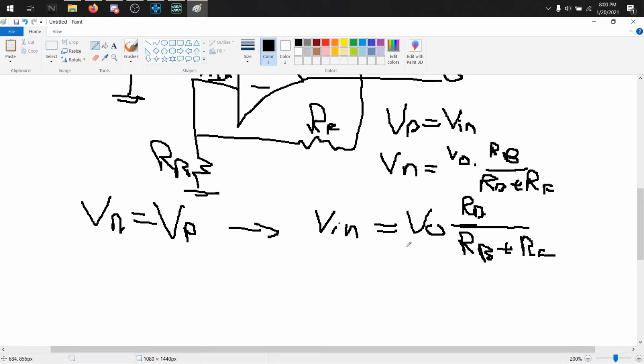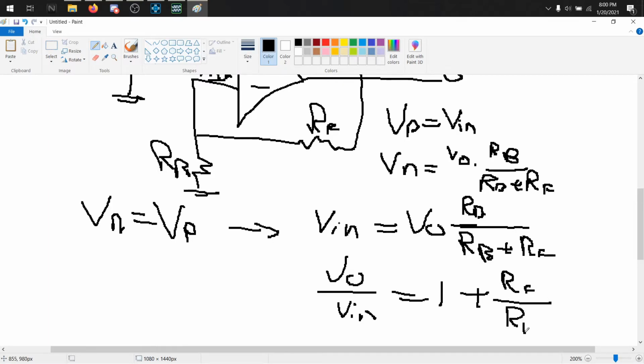And with some algebraic gyrations, we can get V out over Vn equals 1 plus RF over RB. And that's your non-inverting op amp gain.